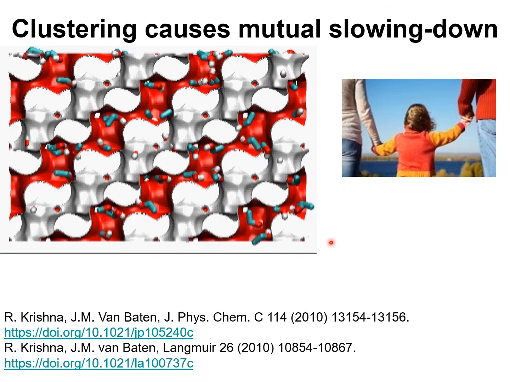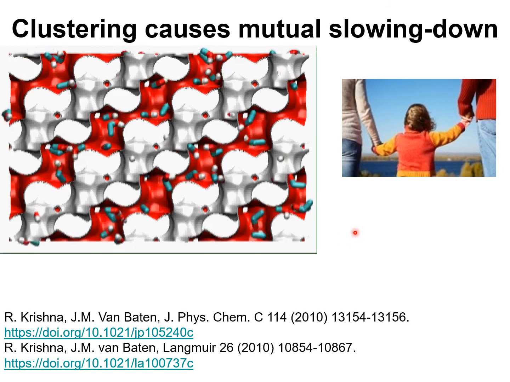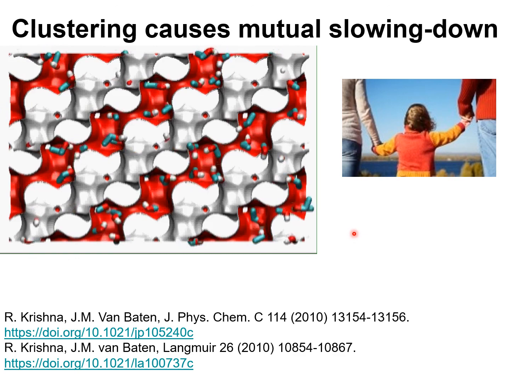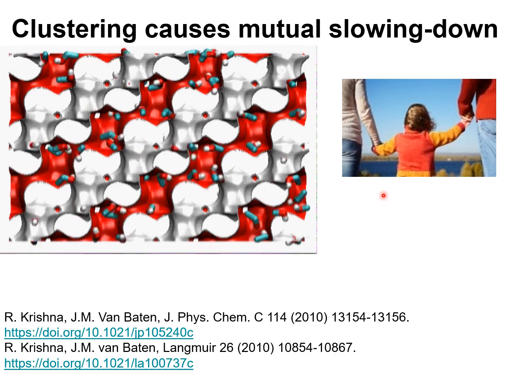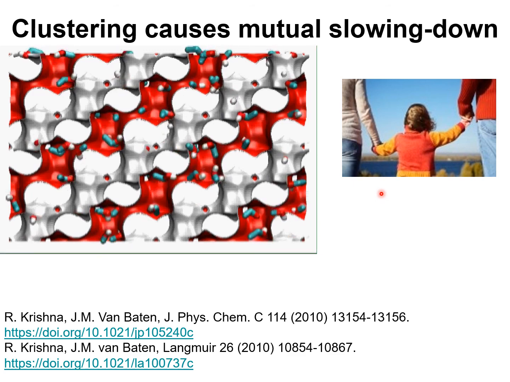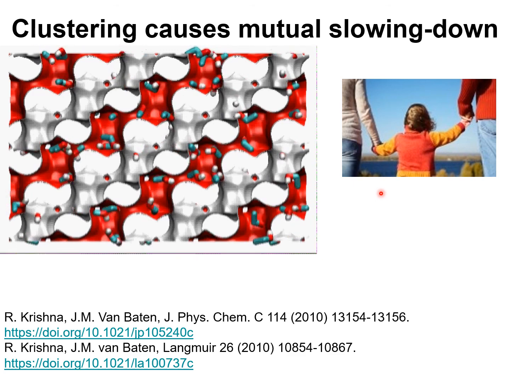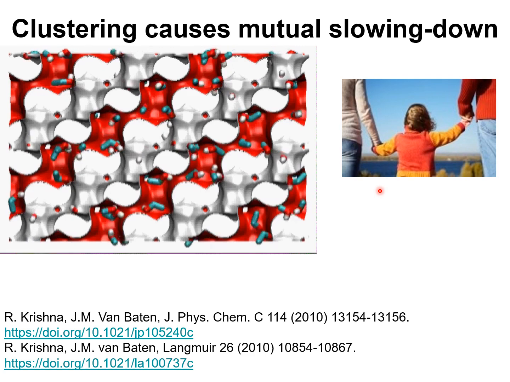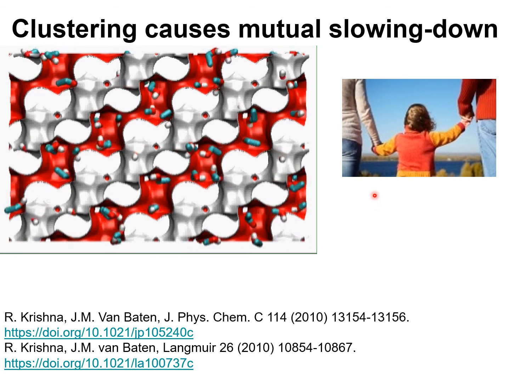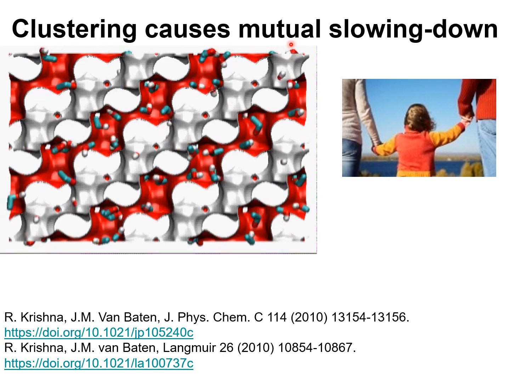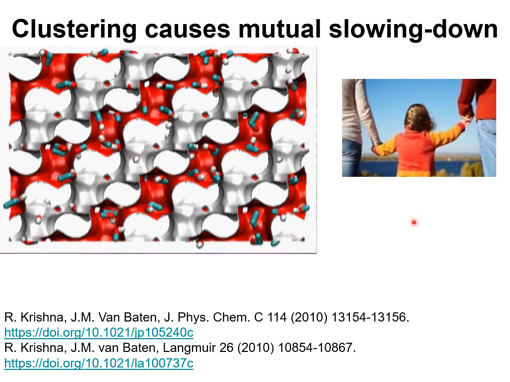For water alcohol mixture diffusion in zeolites and MOFs, there is hydrogen bonding between water and alcohol and between alcohol and alcohol. And this clustering due to hydrogen bonding causes mutual slowing down.